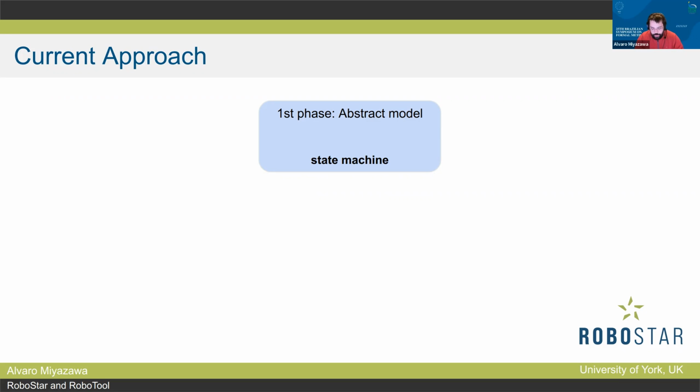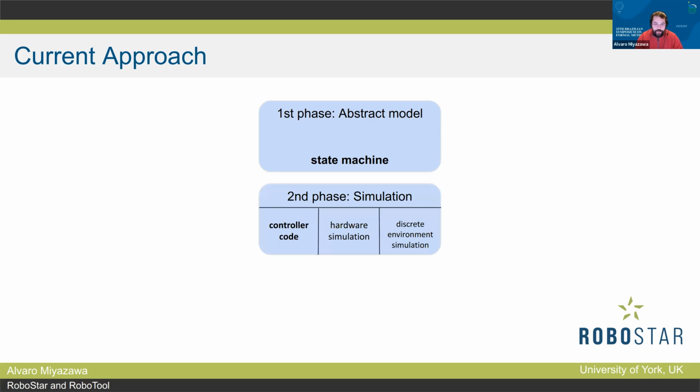And once these state machines were drawn, they were often implemented by hand again into controller code that would be used in a second phase for simulation, where the controller code would be based on those state machines, and a simulator would provide the execution of the hardware and of the environment.